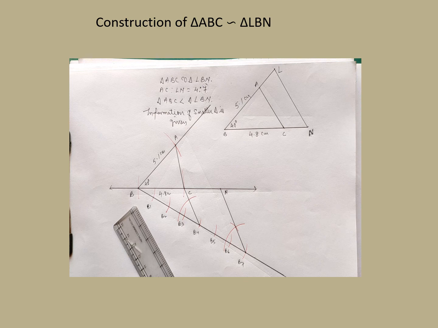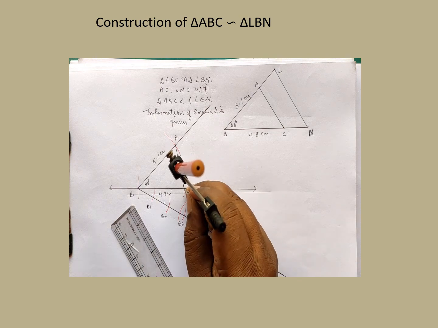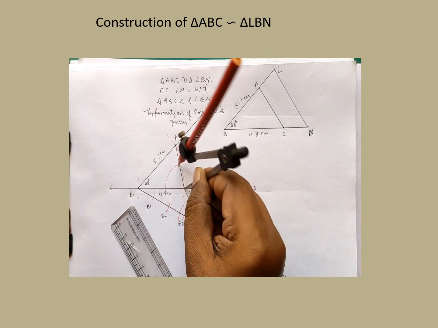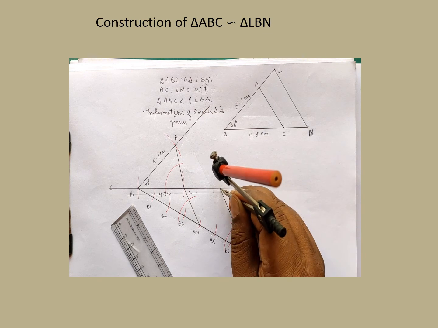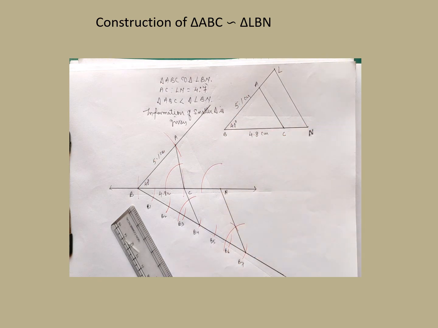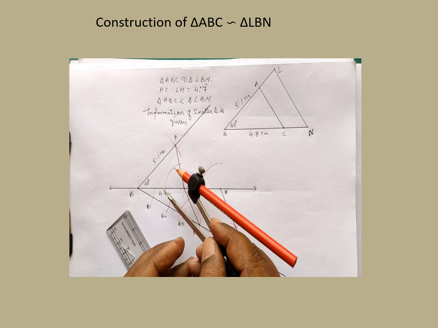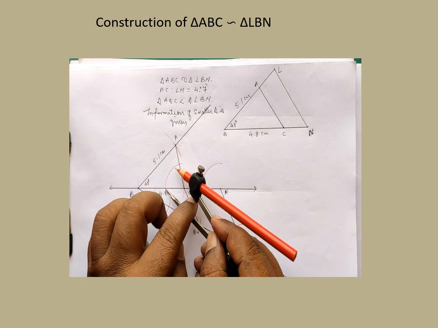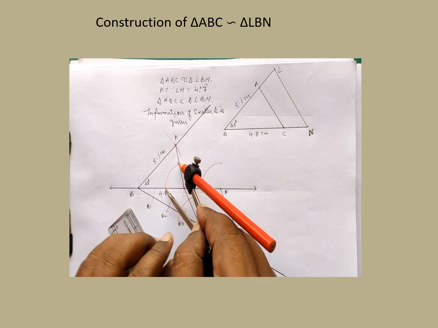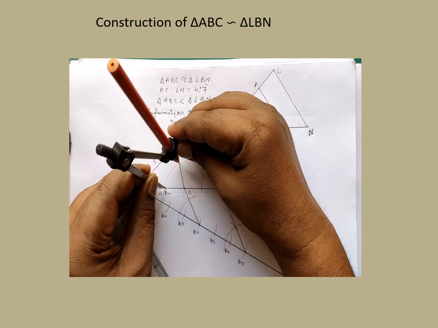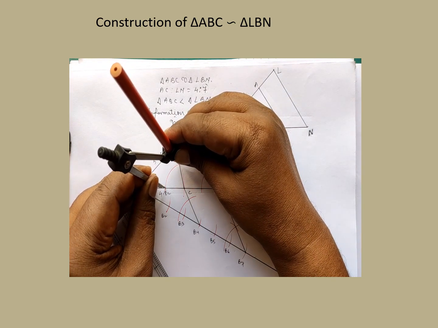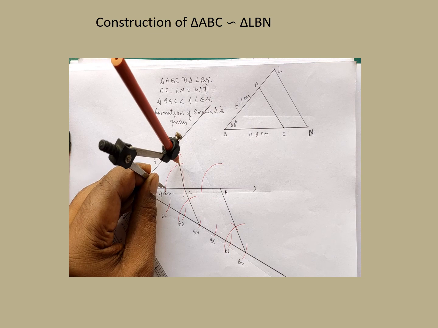Got it? Let us begin to draw a line from point N parallel to side AC. Same method. At C, same at N. Take the measurement, the distance between them, as you have seen. Got it?